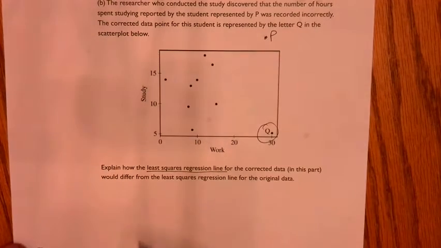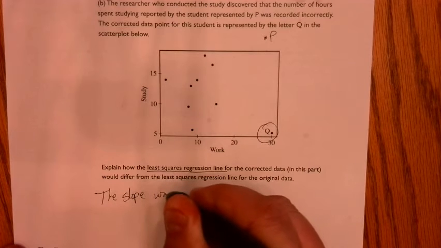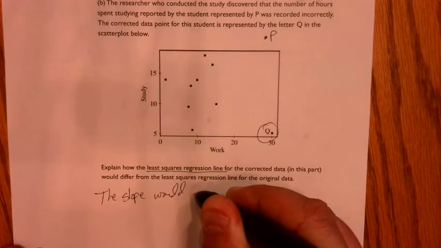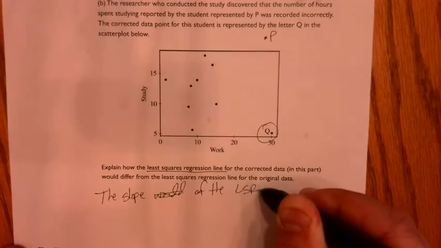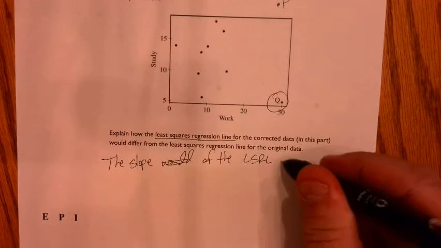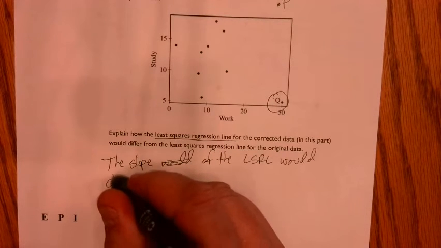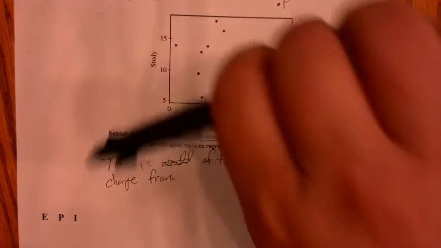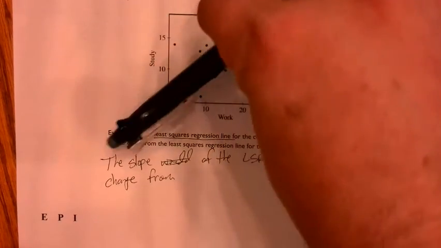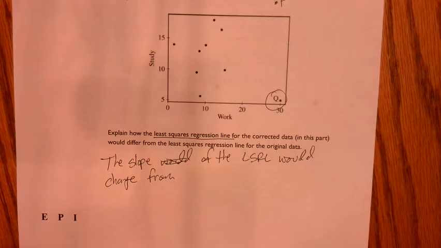I'm not sure, but the slope of the least squares regression line, and I can use that abbreviation, would change. It would decrease definitely, but I think it would become negative, because that's a positive slope. But with this, look, that would be a negative slope. There's got to be a negative slope.